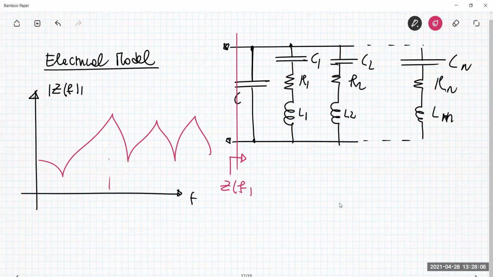These are due to specific resonance frequencies, FR1, etc., that depend on the branches that you have in series. So the model is very complicated.